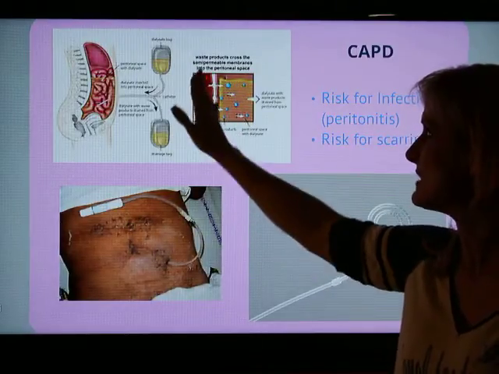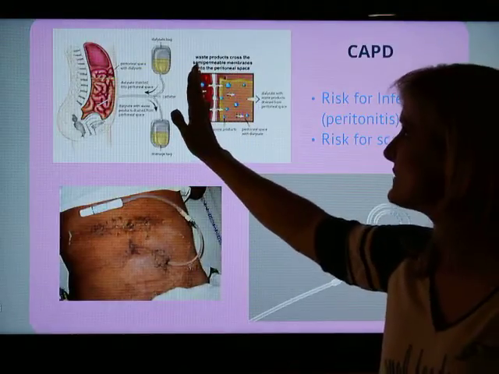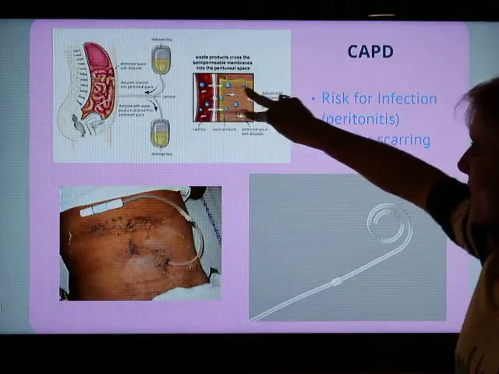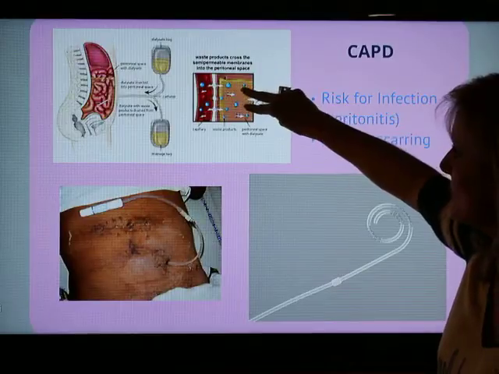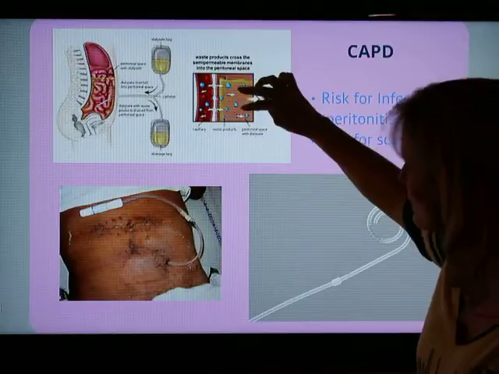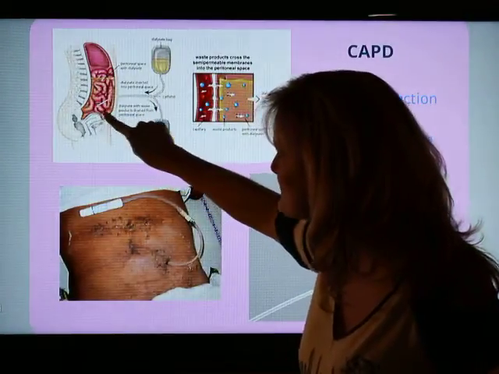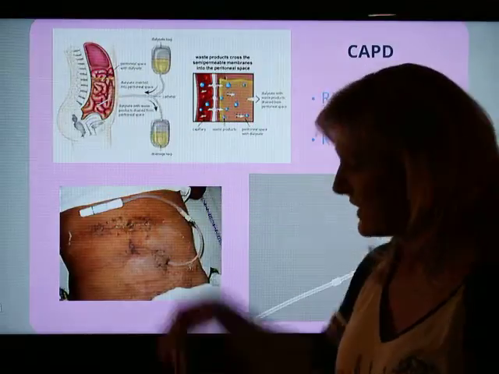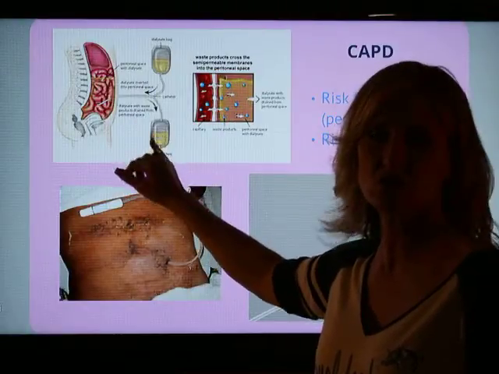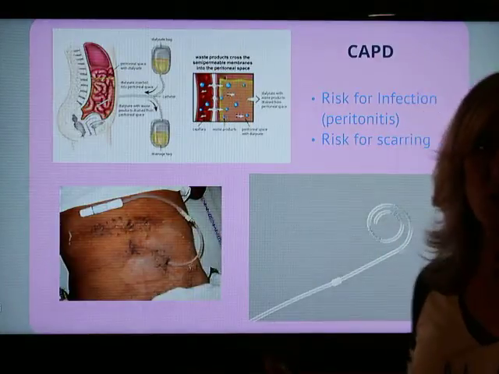So let's say there's a bunch of uremia in here, they'll put no uremia in here, so that just by osmosis, the waste products will go here, and the good stuff like water or whatever they're low on will filter back in through here, and then it is just in these loops of bowel like this. In the morning they drop the bag down just like a Foley catheter and use gravity to drain the dialysate out, and then they clamp it off and they can go about their day.